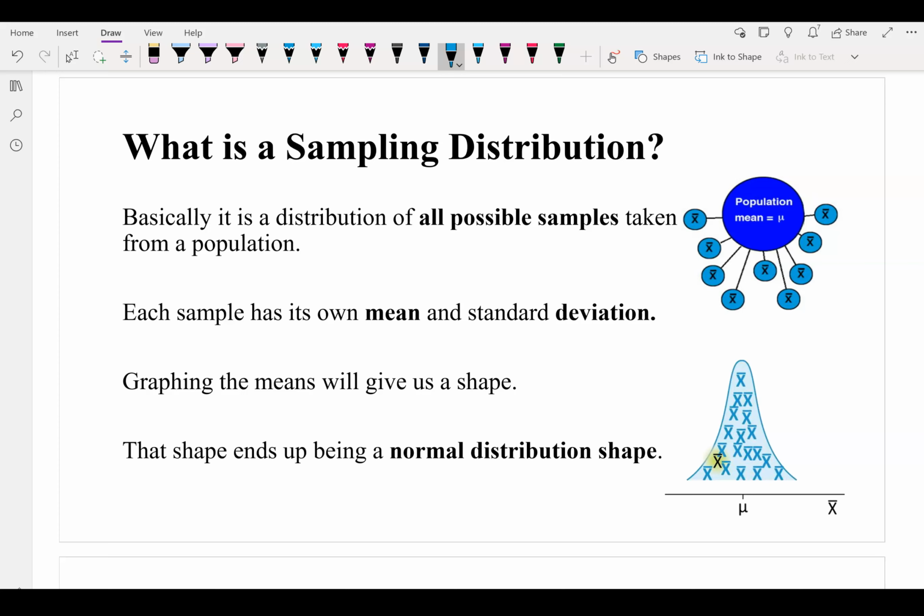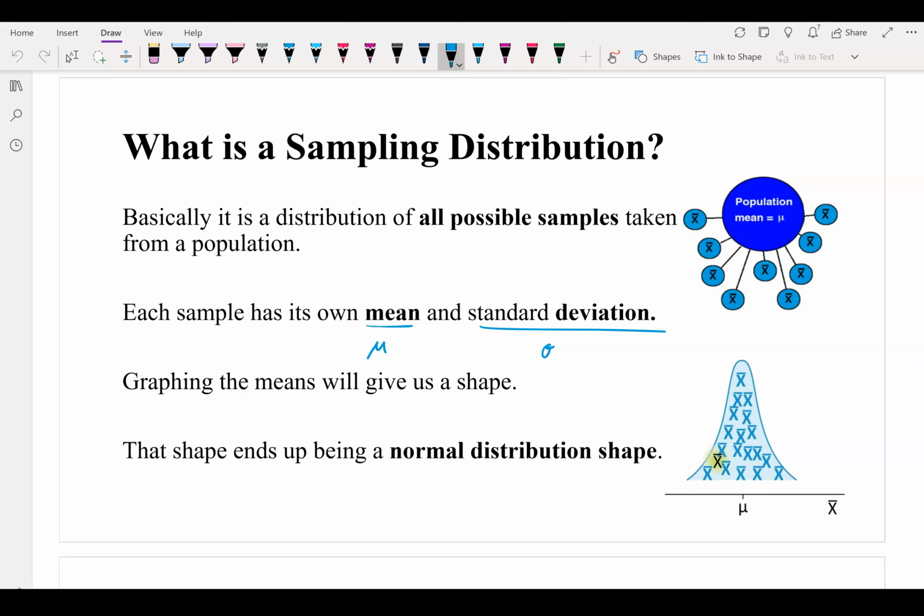Each of these samples has its own mean, which is going to be our mu, and its own standard deviation, which is going to be our sigma. So for every sample that we take, for example, a sample of 5 fish, that sample will have a given mean length and a standard deviation. We can work with those.